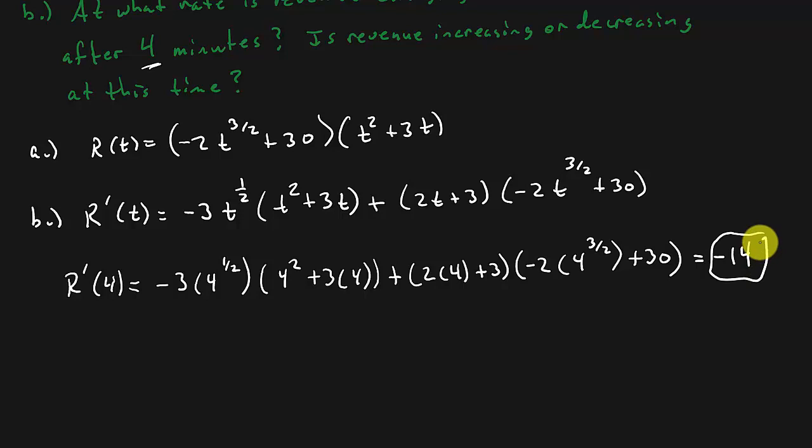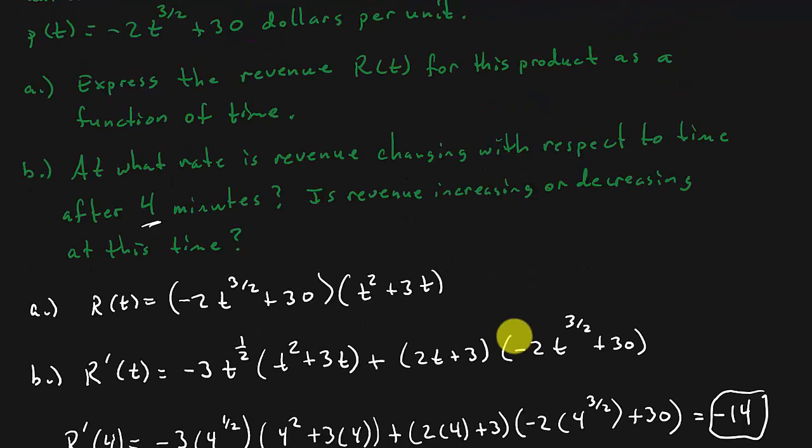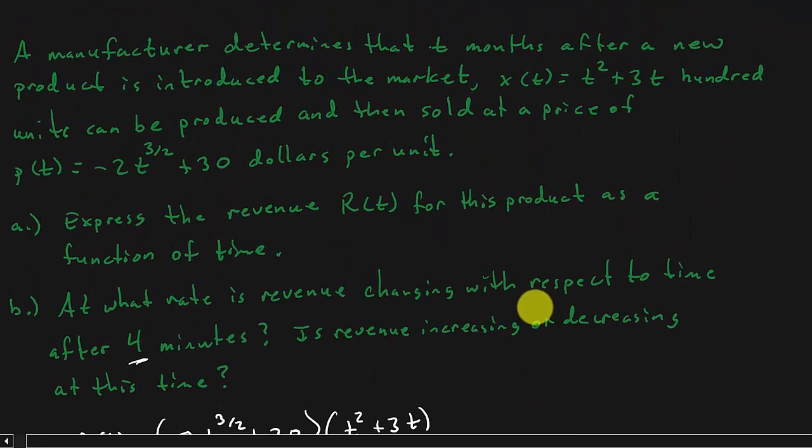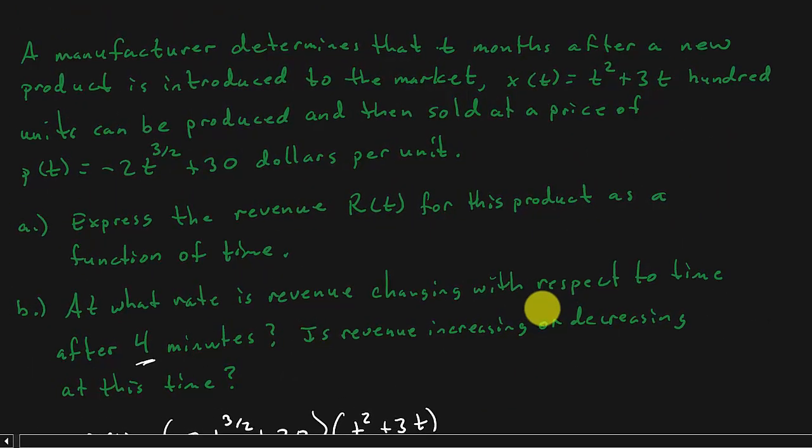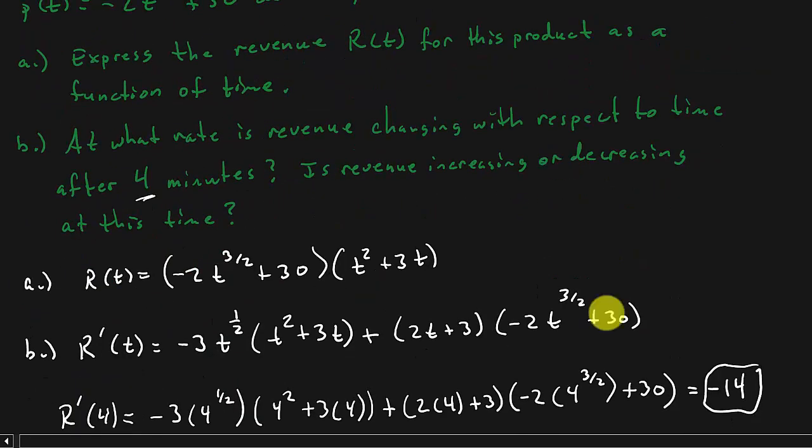Now, let's see, what is t? What does it say? A manufacturer determines that t months after a new product is introduced, the market, x of t, 100 units can be produced and then sold at a price of that many dollars per unit.